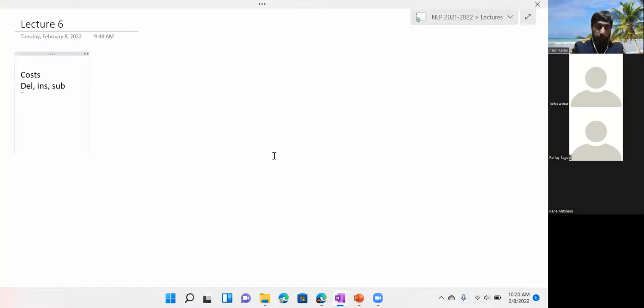So last time we also talked about the Hamming distance. Hamming distance is for two strings that are of the same length, and it only looks at substitutions. So there are no insertions and deletions.